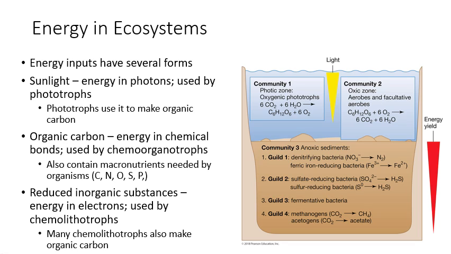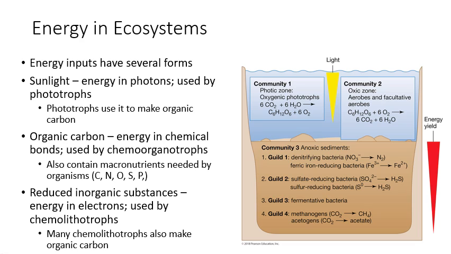For chemolithotrophs, their energy source will be reduced inorganic substances. So that would be stuff like hydrogen sulfide, or ammonia, or nitrite, or iron, the 2+ ion for iron, which is ferrous iron. So those are all inorganic compounds that are reduced, which means they have a lot of electrons.